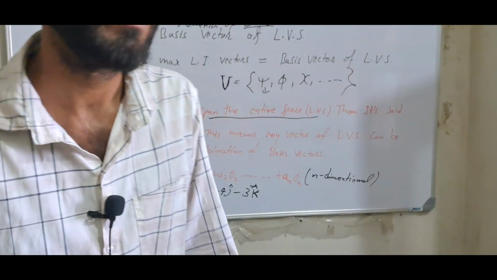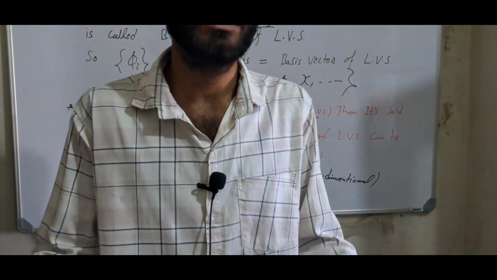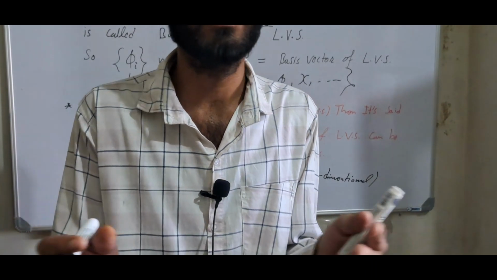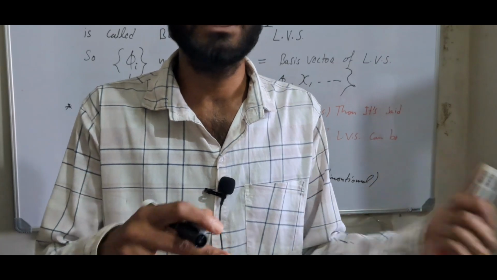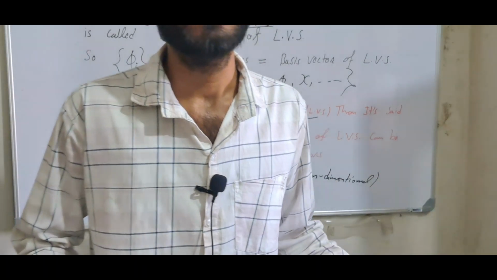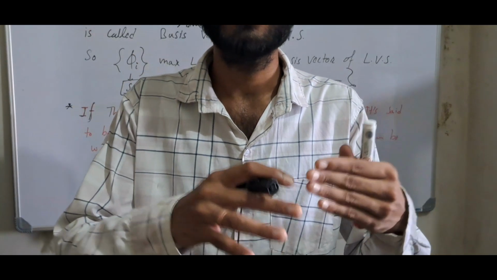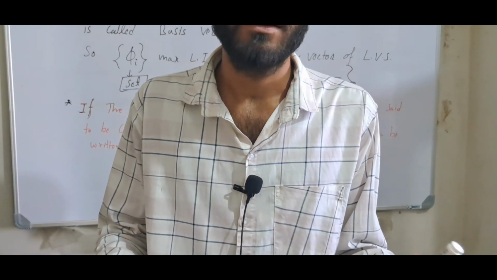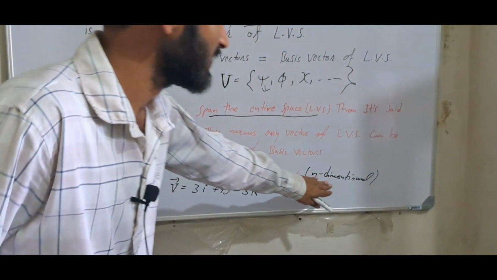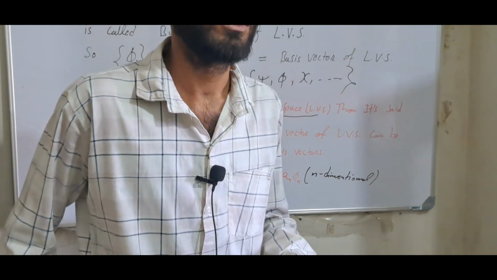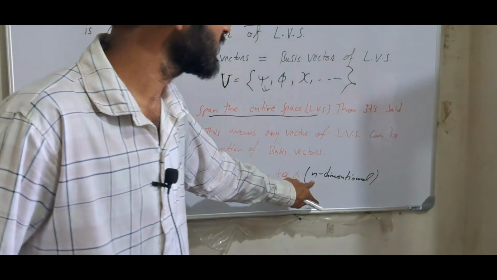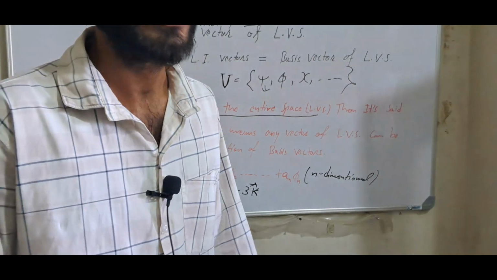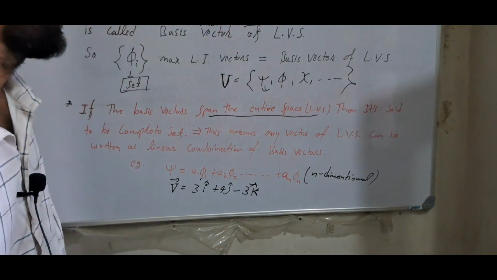When formulating the mathematics for quantum mechanics, or any mathematical theory, we generally use n dimensions, not a particular number. So n can be three-dimensional, four-dimensional, or n-dimensional. It can be anything, right?